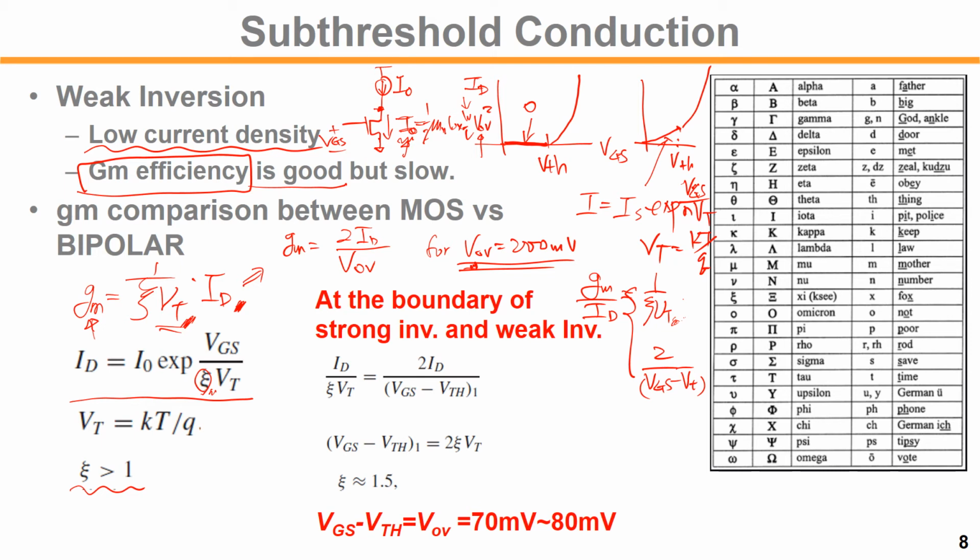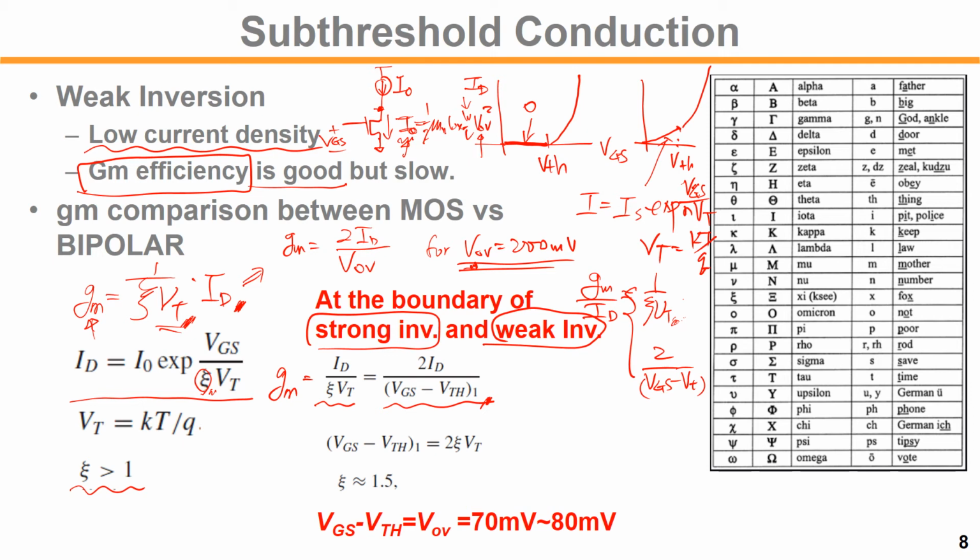So we will see the GM comparison at the boundary of strong inversion and weak inversion. We know the GM equation in weak inversion is ID over C VT, and in strong inversion is 2ID over VGS minus VTH. We will equate those two at the boundary, trying to see how much overdrive voltage roughly represents the boundary of weak inversion.